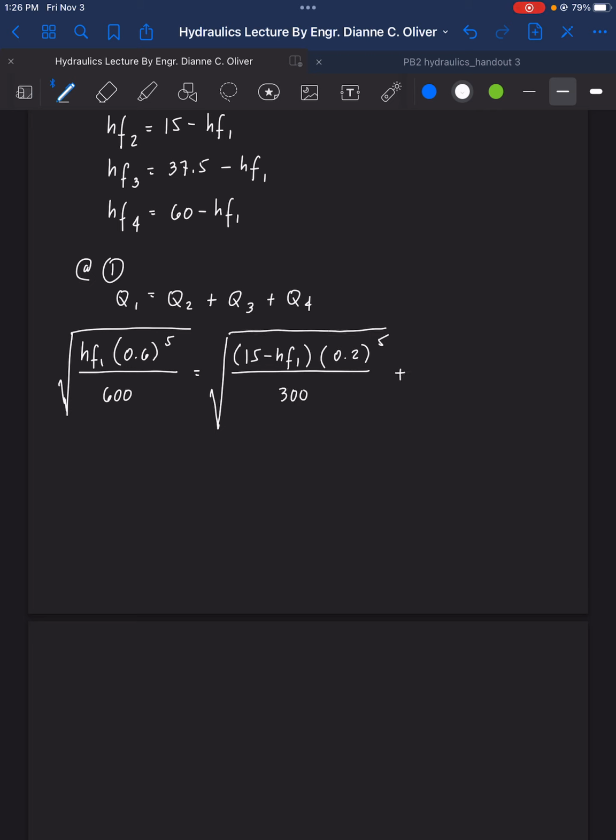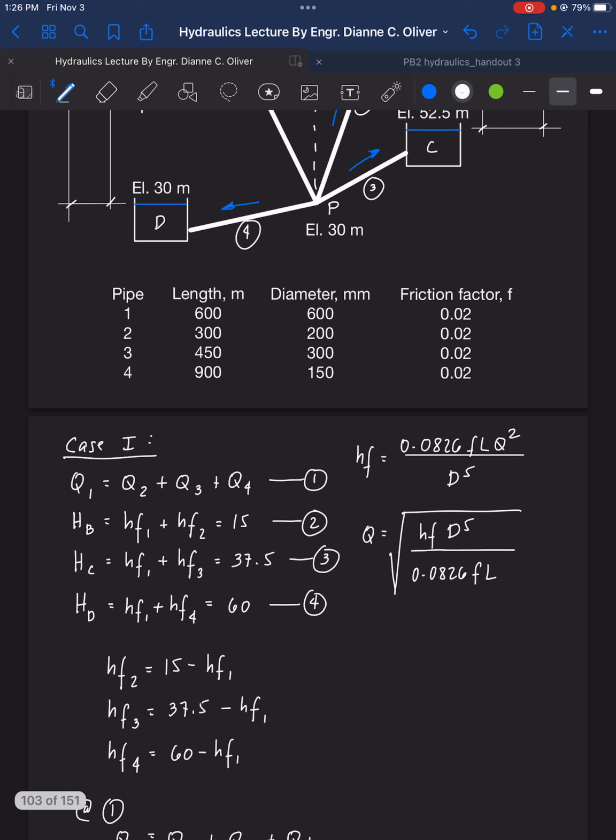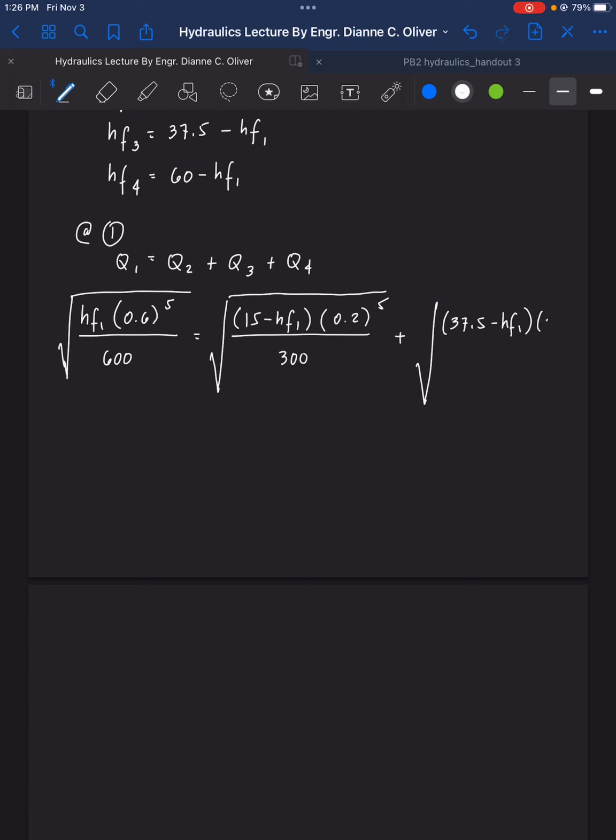So plus the square root of, for Q3 we have HF3. HF3 is equal to 37.5 minus HF1. Diameter and length for pipe 3 we have 300 and 450. So this is 0.3 raised to 5 and length of 450, plus for Q4 we have HF4, 60 minus HF1.